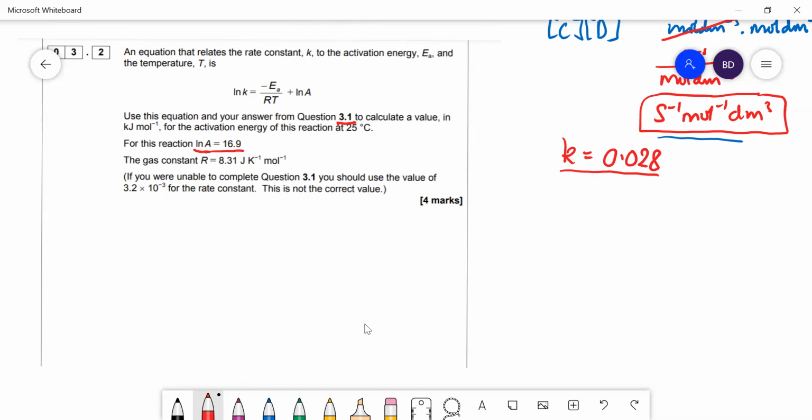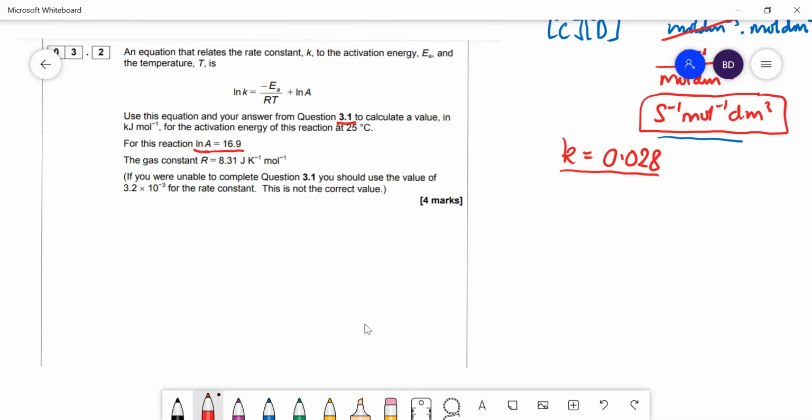When I've marked people doing this, quite often people misread this and they think that A is equal to 16.9. It's not. They've worked out the natural log of it already. It's ln A is equal to 16.9. I think if you made that mistake, you end up getting 3 out of 4 marks. Not the end of the world, but just read the question.